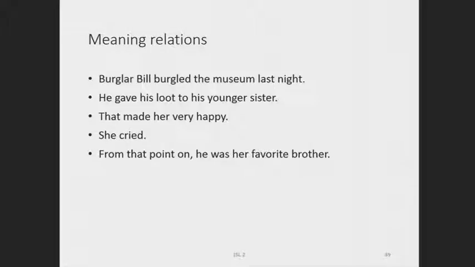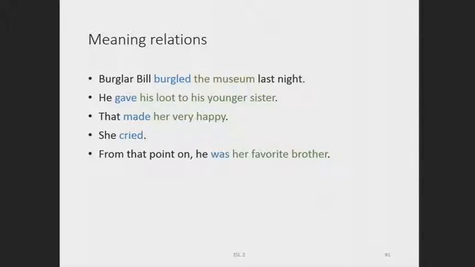All right, so how many phrases does the first one have? How many bits do you have in there? Four, yes. So: burglar Bill burgled the museum last night, and then we have the museum and last night.